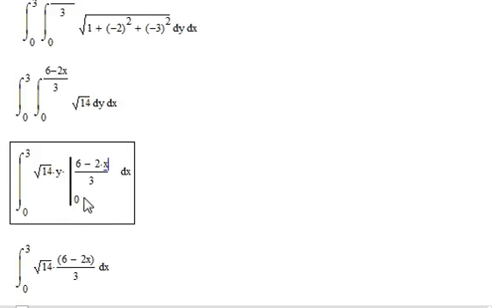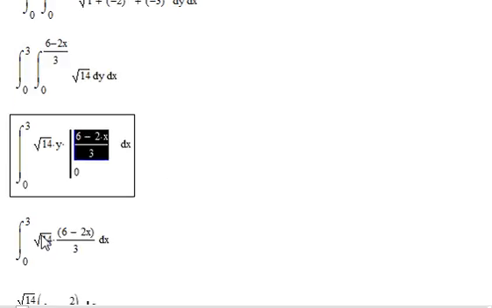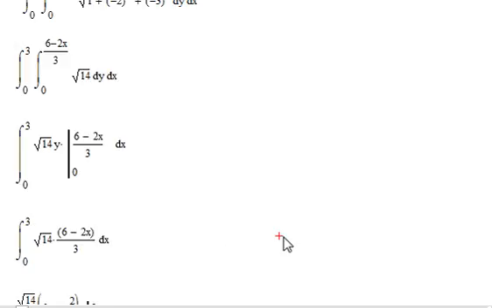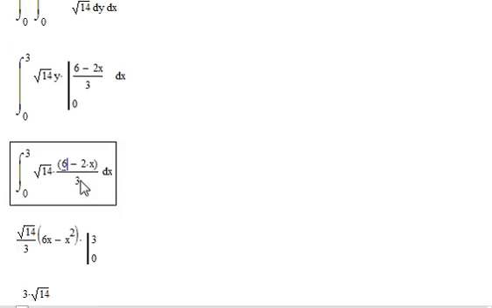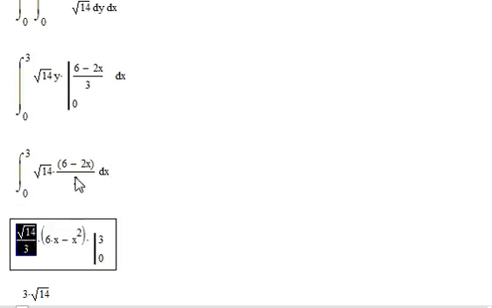And so when you put in 0, y is 0, so that's 0, so we just put in the (6 minus 2x) quantity over 3 and square root of 14 times that, and then integrate that with respect to x. I'll factor the 3 out and make it square root of 14 over 3, and then integrating 6, so 6x, and integrate 2x, so x squared, so it's 6x minus x squared times this constant, square root of 14 over 3, x going from 0 to 3.